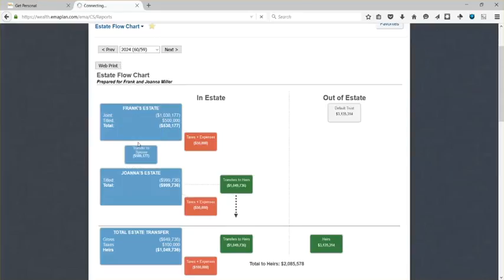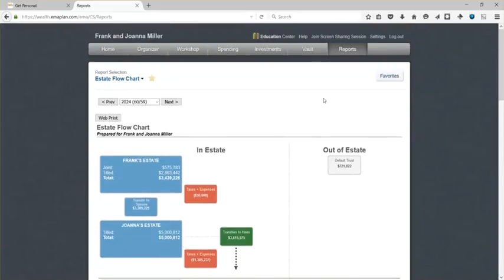And they could pick any year in between and see what seems likely based on current estate tax rules and based on some basic projections. Obviously, this isn't predictive. This is just a simple projection mechanism.